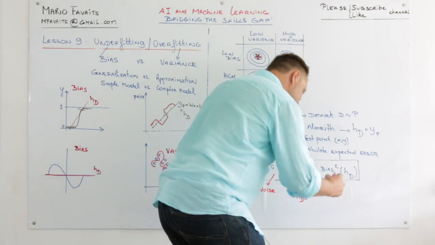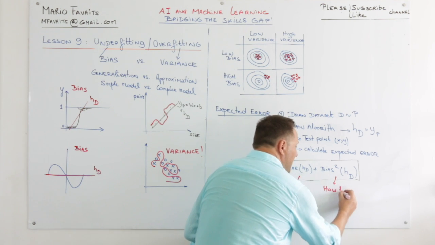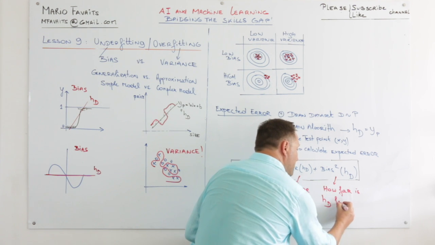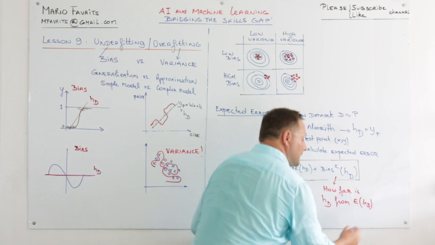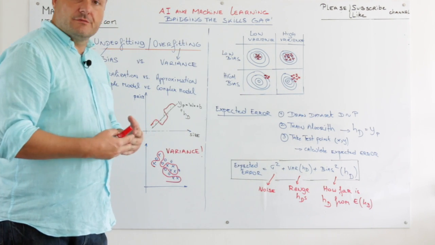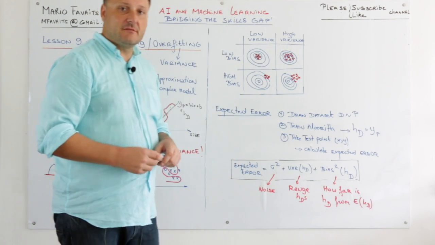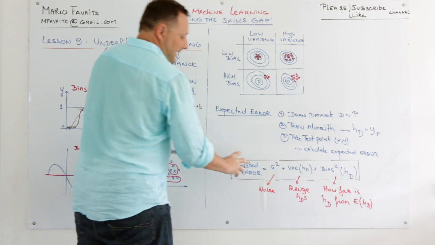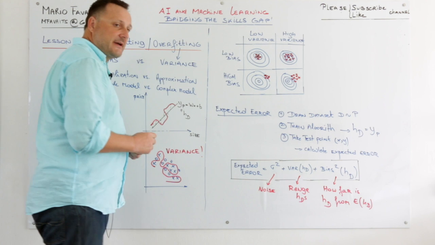And this squared term gives you how far your h of d is from what you expect it to be. There is an expected value for your model, and how far your model is from that expected value is given by the bias term. So the expected error has a noise factor, a variance factor, and a bias factor.